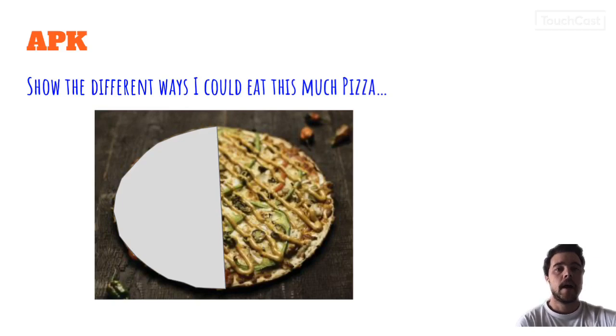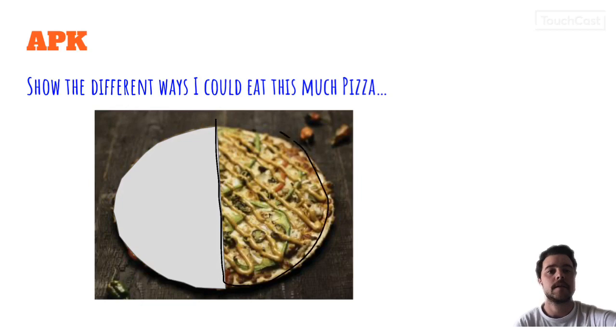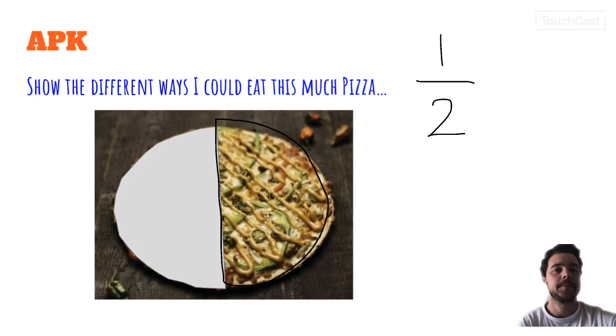So APK, I have right here half a pizza, a Southwest chicken pizza from Town and Country, delicious. In fact, I might even have that for dinner tonight. What I want you to do is draw this pizza and show me all the different ways I could eat it. So for example, right now, I could just pick that whole thing up and say that is half a pizza.